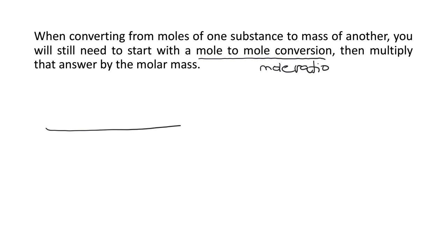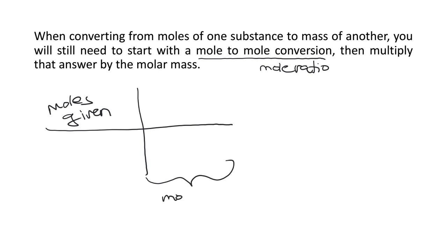Either way, we start out with our picket fence here. So moles of given go in here. Now this is our mole ratio, so that means it comes from the equation. Whatever substance we're given goes here, so this is the moles from the equation of the given substance.